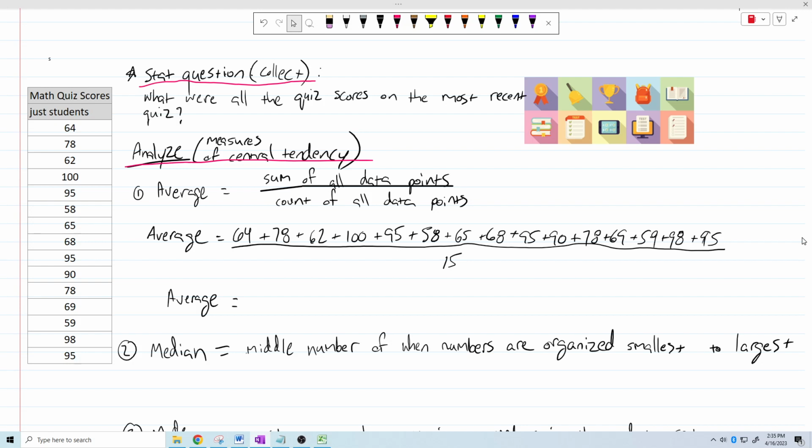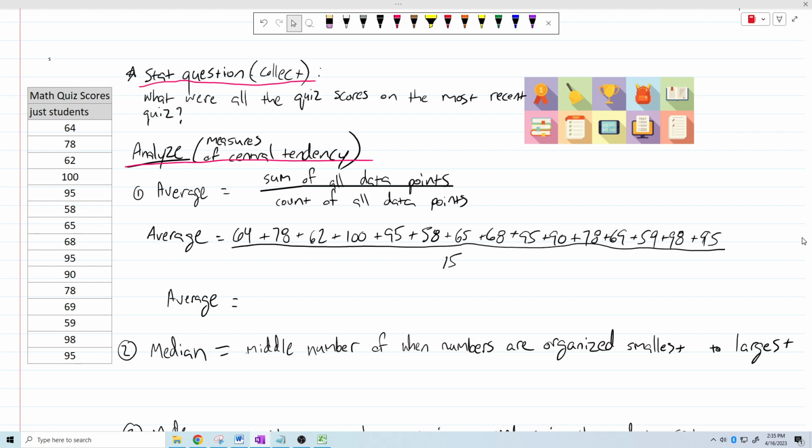What I want to analyze right now are the central numbers, the summary number that can summarize and describe the full set of data, the centralized number that summarizes all of it. So I have some data points here. These are all the scores.